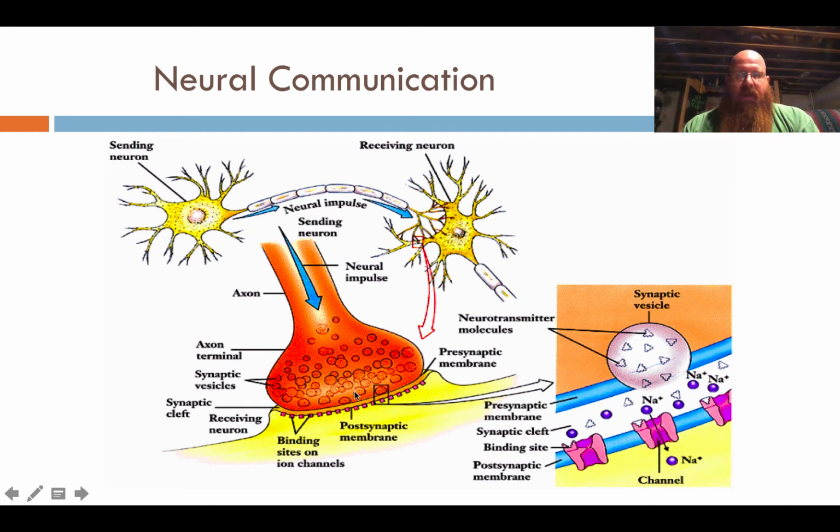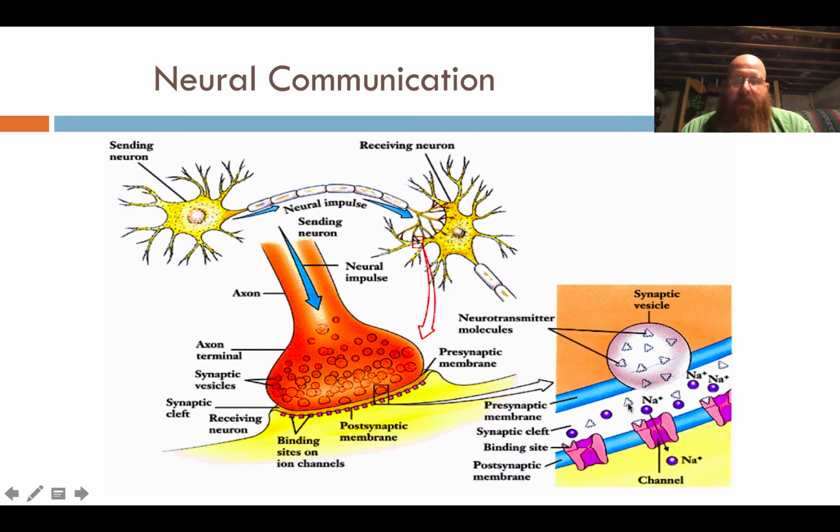Anyways, the neurotransmitters, this is blown up here, are released out of synaptic vesicles, move into the synaptic cleft, and go to a binding site, basically the one that fits it.